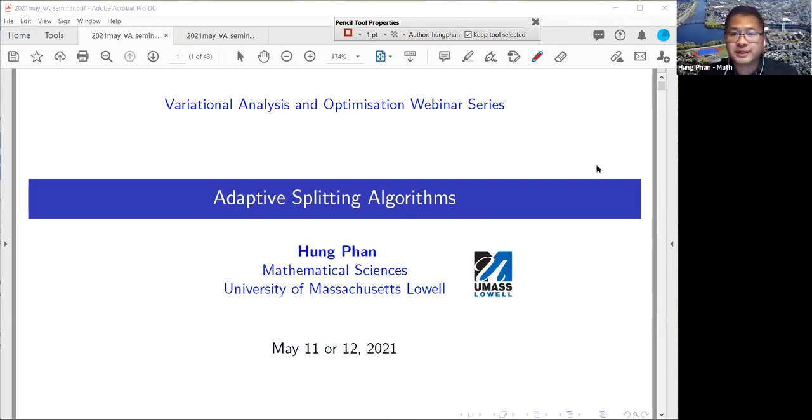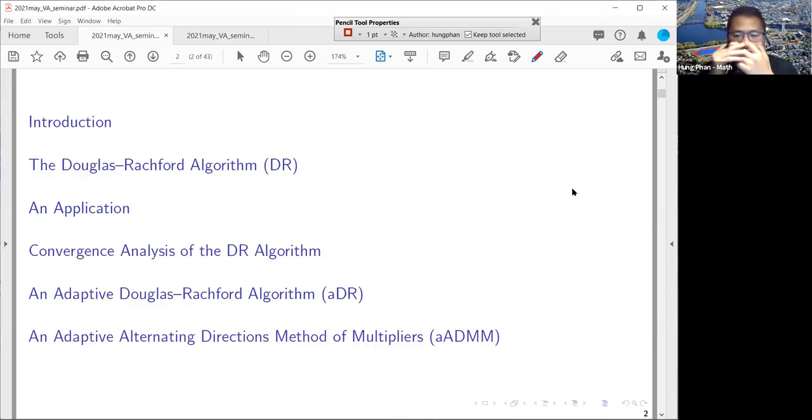Let me move to the next slide. My talk contains several parts, and hopefully it won't take too long for each of them. The introduction, and then the classical Douglas-Rachford algorithm. I will explain the structure of that, a quick application, and convergence analysis.